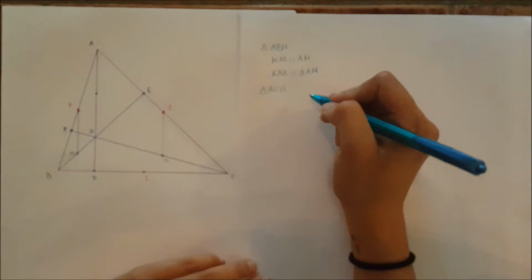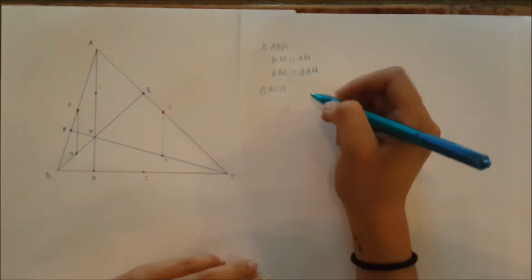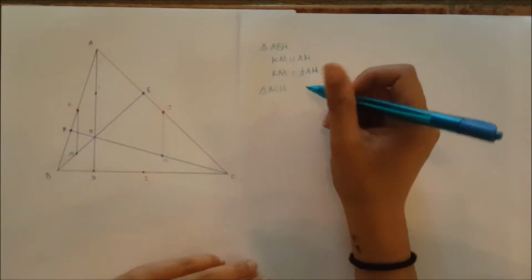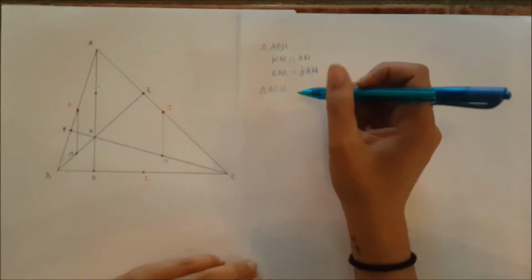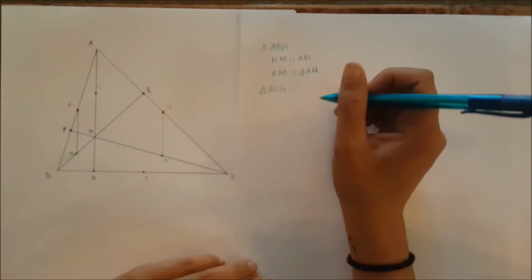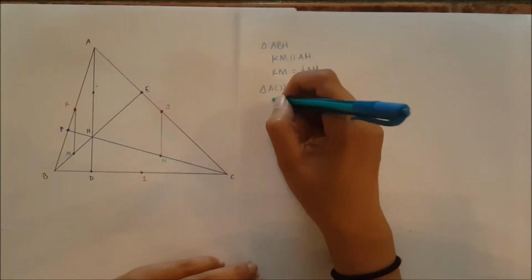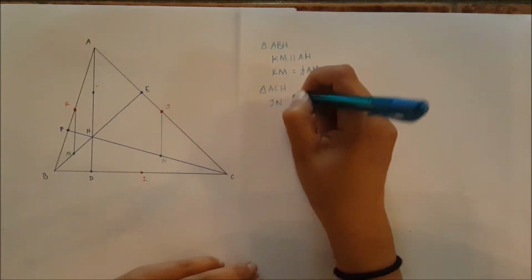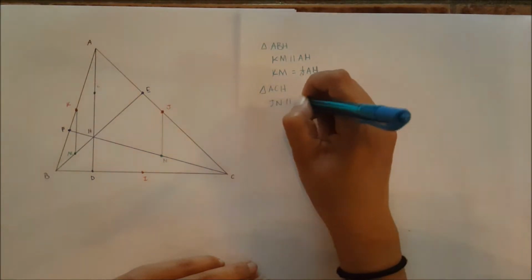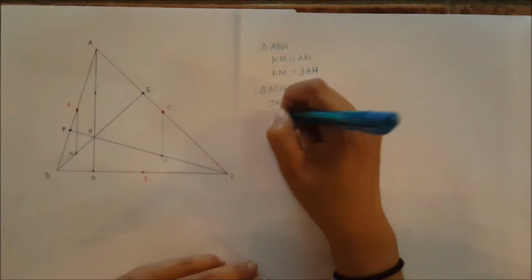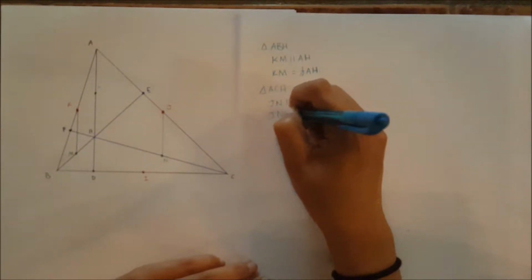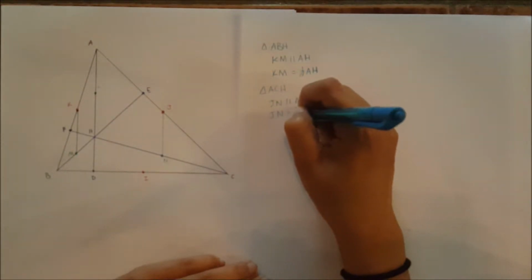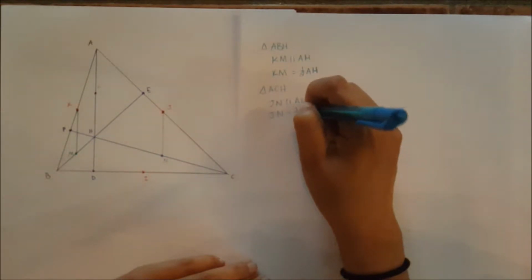So here we have the segment JN. Similarly, it is the midline of the triangle. So since it's the midline, segment JN is parallel to AH, and JN is also equal to half of AH.